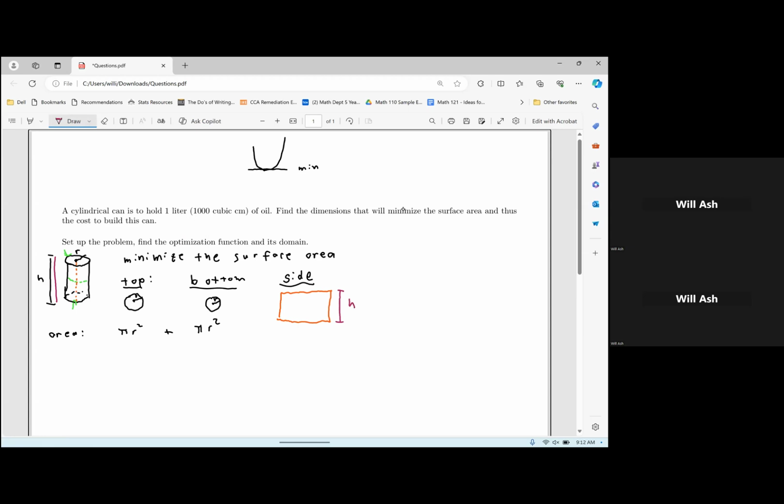Then the base of my rectangle is the distance around the circle. All right, that's what I have here for that base. And the distance around a circle, we have a name for that, which is circumference.